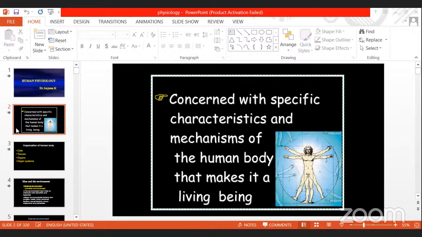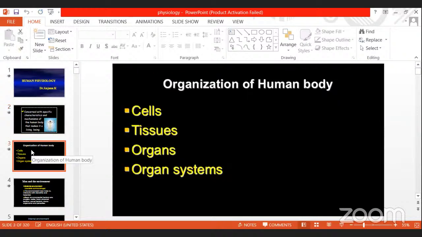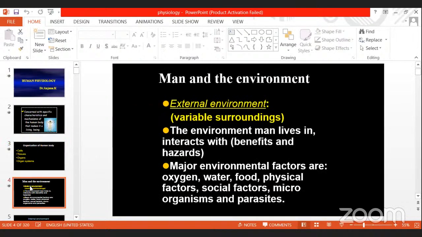So the organization of the human body consists of cells, tissues, organs, and organ systems, and man in the environment. The environment is divided into external environment and internal environment.